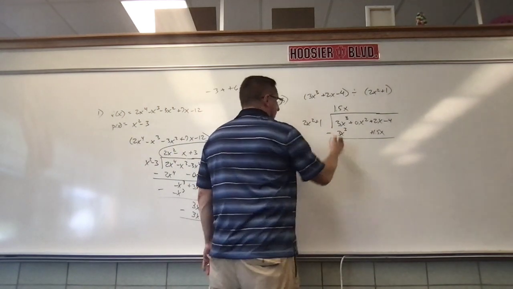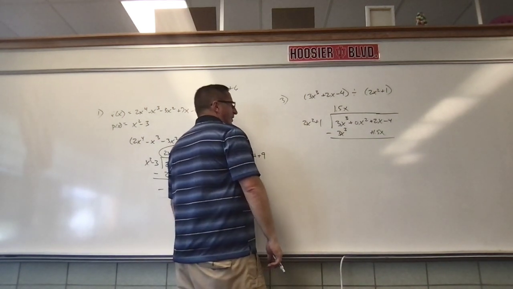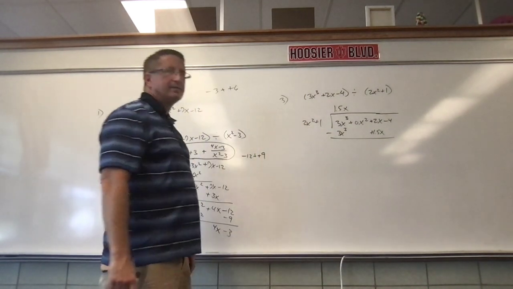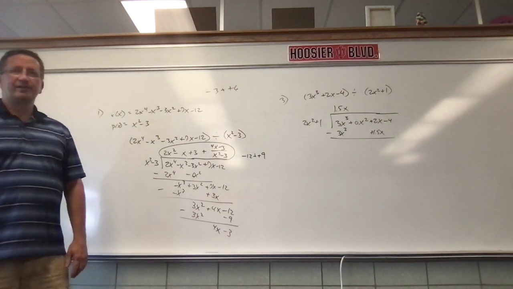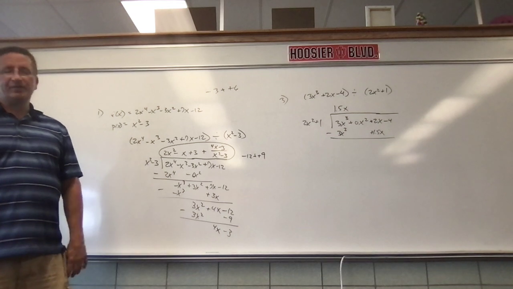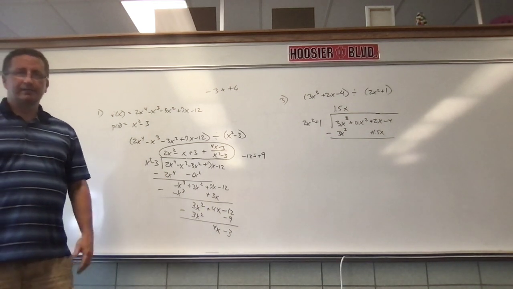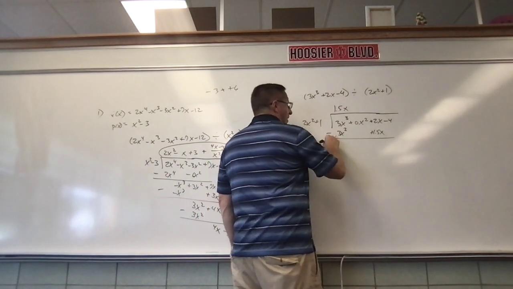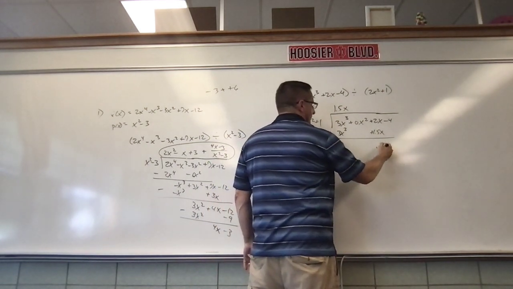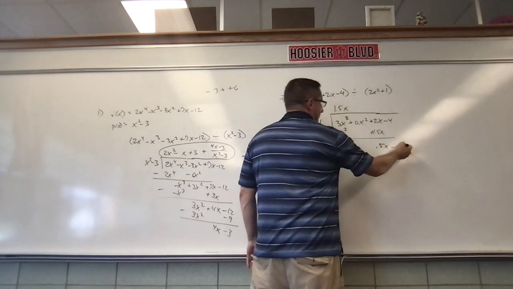Geez, this is a very quick one. Oh, it's a really quick one. The x^3s are gone. The x^2s are gone. I mean, there's 0x^2, and you take away nothing. If you're broke and somebody takes all your money, you're still broke, okay? 2 minus 1.50, 0.5x, drop down the minus 4.